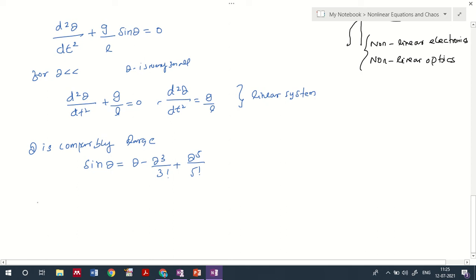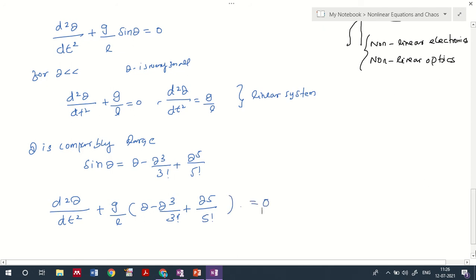Now if you introduce that into the equation, how will it change? d square theta by dt square plus g by l into theta minus theta cube by 3 factorial plus theta raised to 5 by 5 factorial, and it goes on, equal to 0.